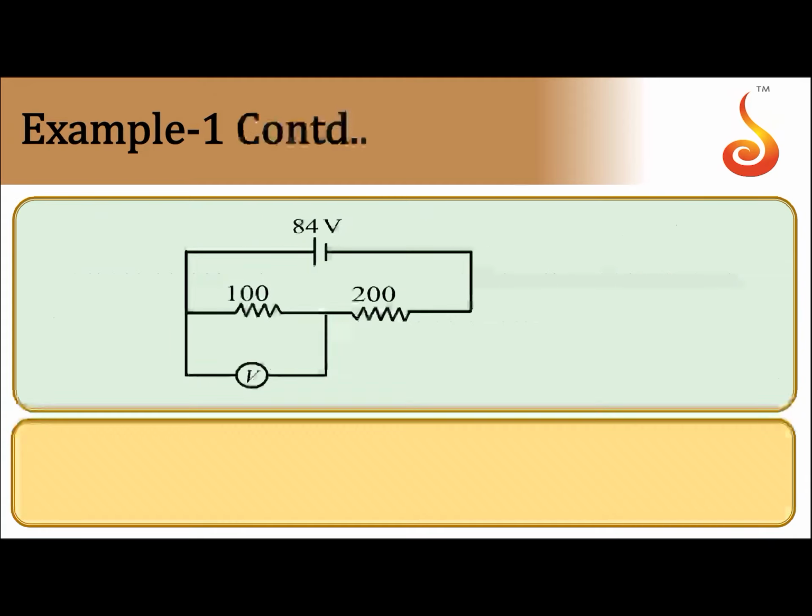So this is the circuit diagram given. 84 volt is the EMF of the cell. 100 ohm and 200 ohm are the two resistors connected. Voltmeter resistance is given, it is 400.